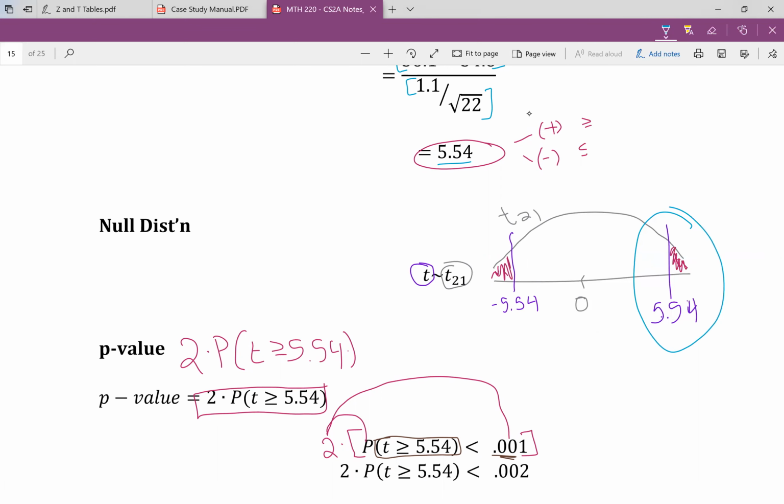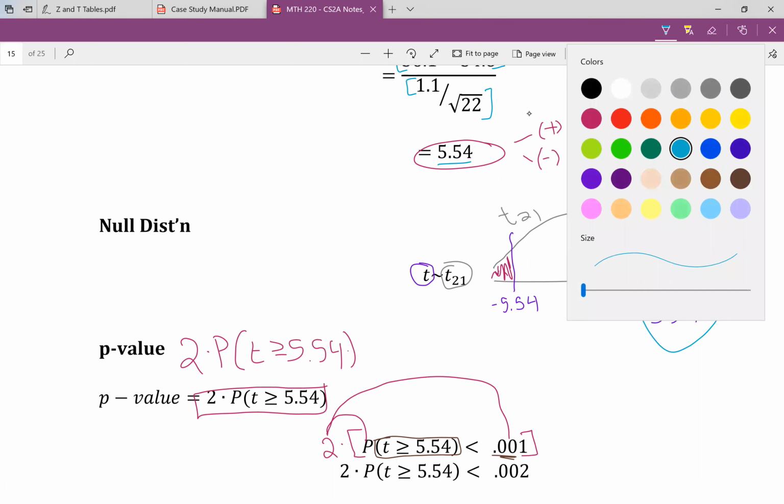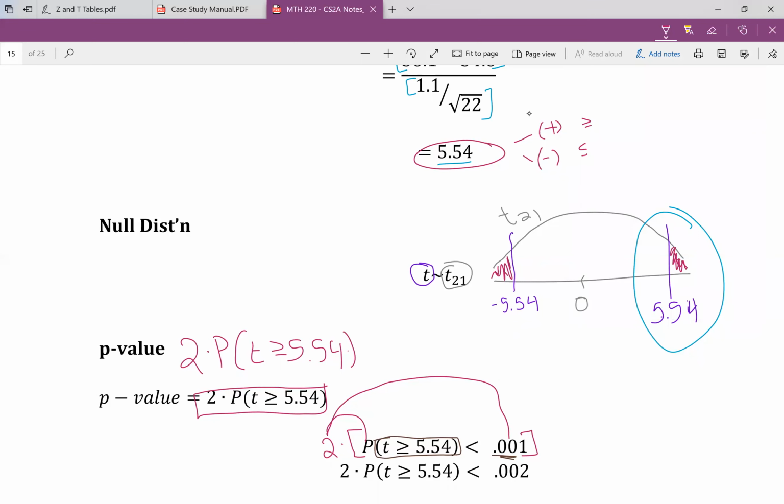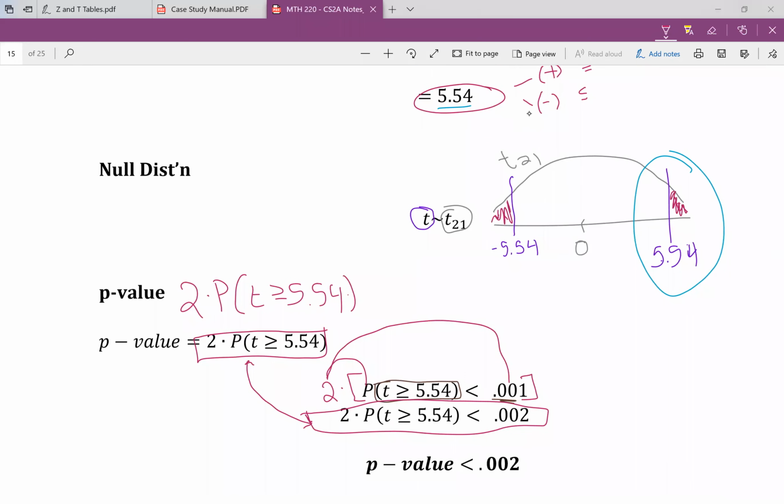And so this box would be my final answer. That's what our p-value is. Our p-value is smaller than 0.002. And so then I have in bold my final answer. You can write this either way.